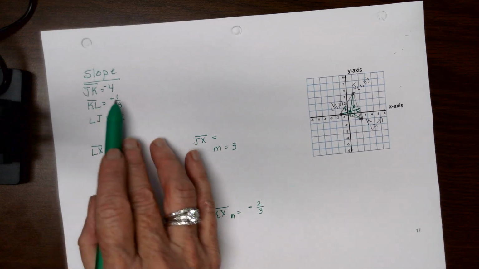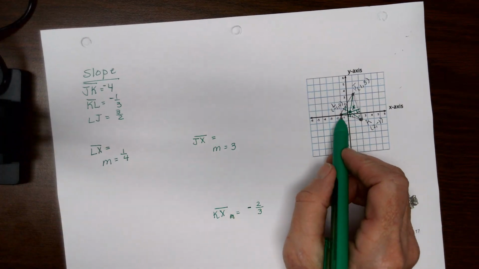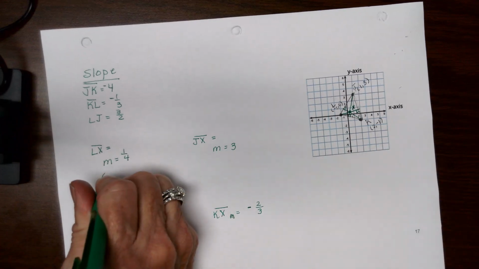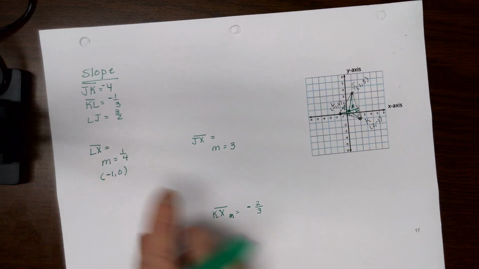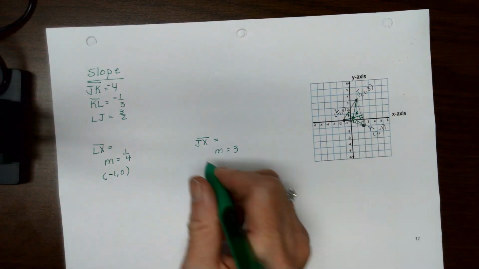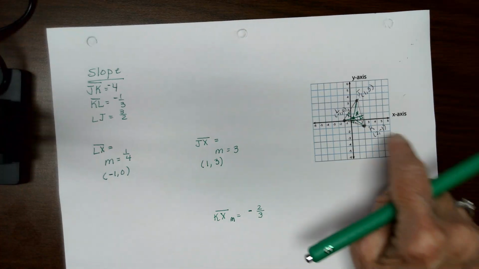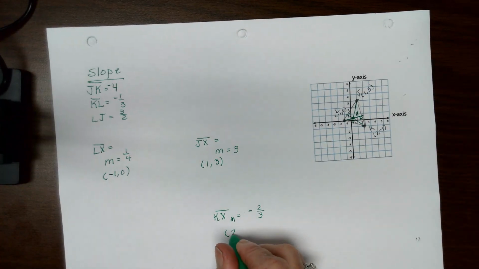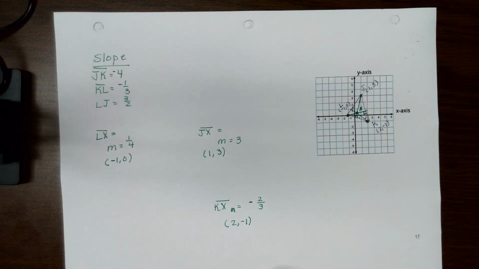So that's my slope, and then I need what L is going to be, -1, 0. So that's going to be a point that it goes through since it's LX. JX is going to go through J, so it's going to go through 1, 3. And KX is going to go through the point 2, -1. So now I have to come up with those equations.